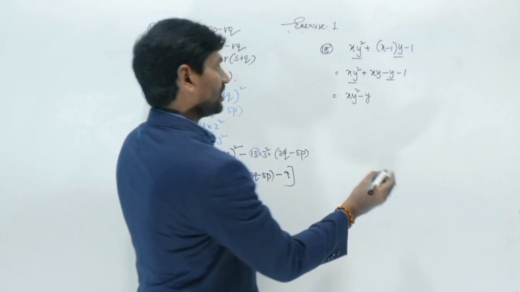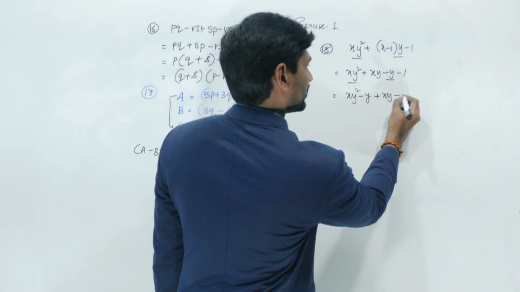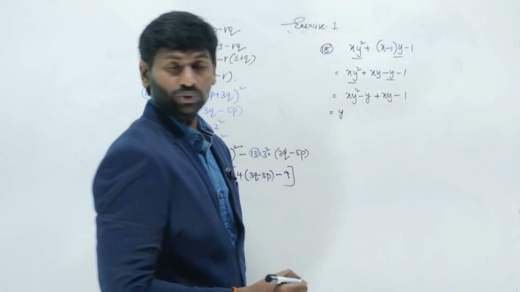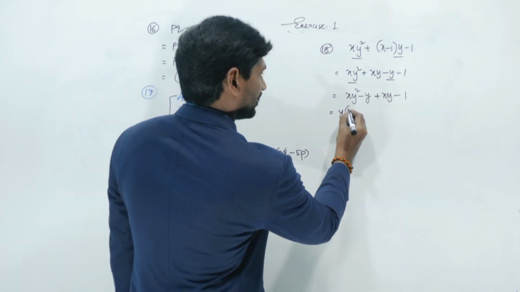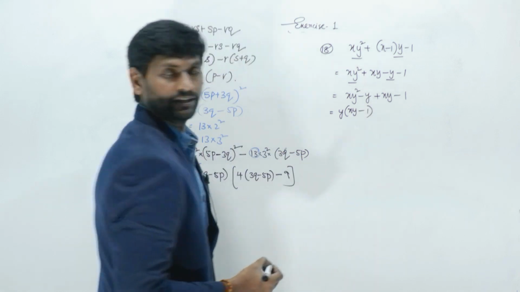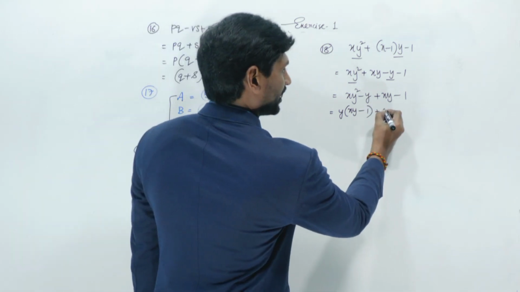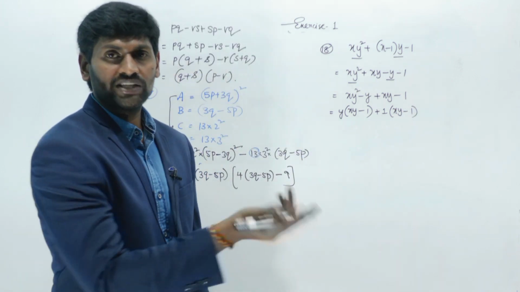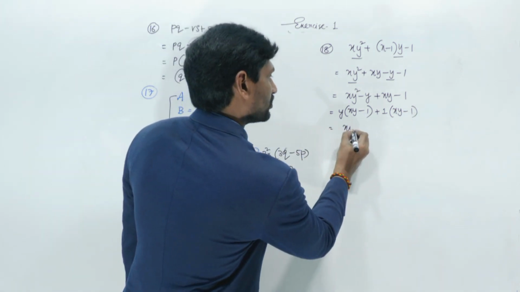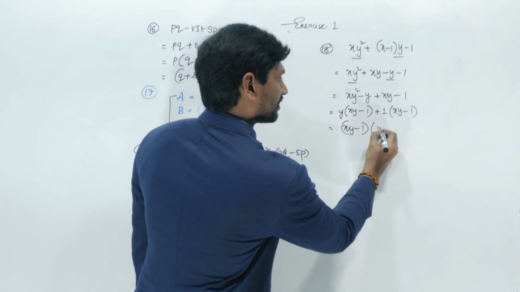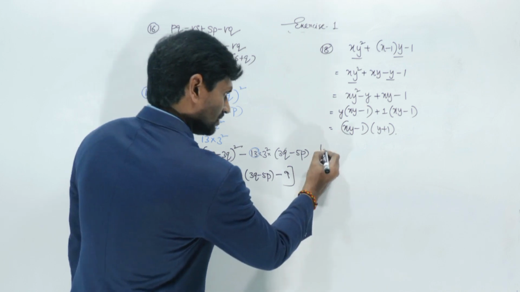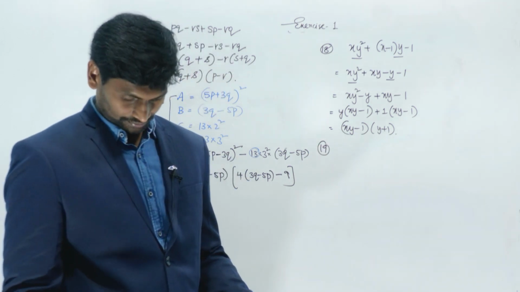And second term and last term write together xy minus 1. Okay? From the first two terms y is a common factor, then xy minus 1 will be remaining. And next two terms we don't get any common factor, so take 1 as a common factor. Here also xy minus 1 will be there. So take xy minus 1 common factor, y plus 1 will be there. Okay? Check that.